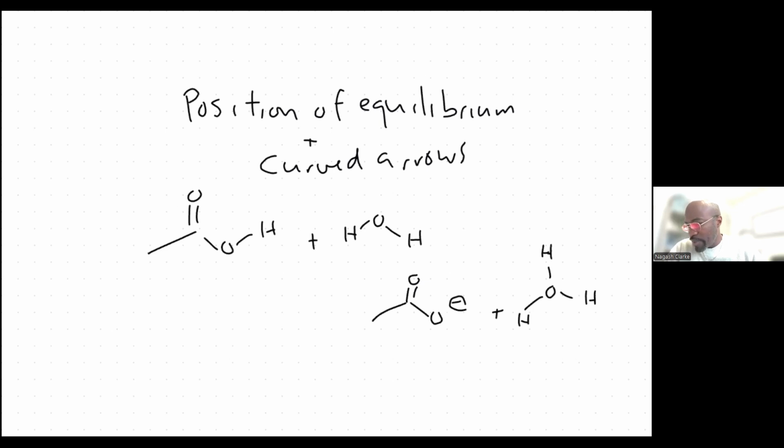So I need the pKa of hydronium, and that pKa is negative 1.7. The pKa for acetic acid is 4.75. So now the question is, what direction is my equilibrium going to dominate?